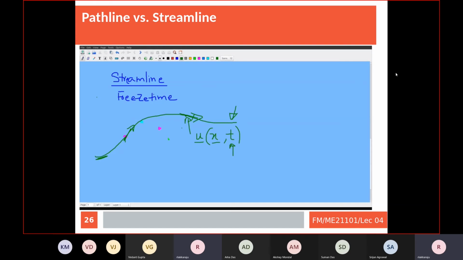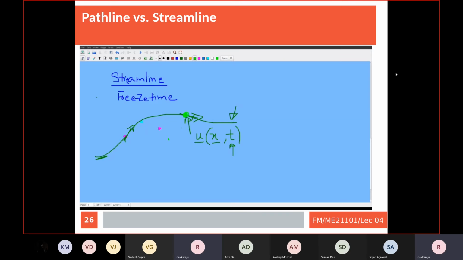That tangent represents the instantaneous velocity field on the Eulerian field. That means all the fluid particles you are going to look at. Streamline information with path line is in some sense possible, because you are taking a frozen time snapshot. That means there must be some fluid particle of this.